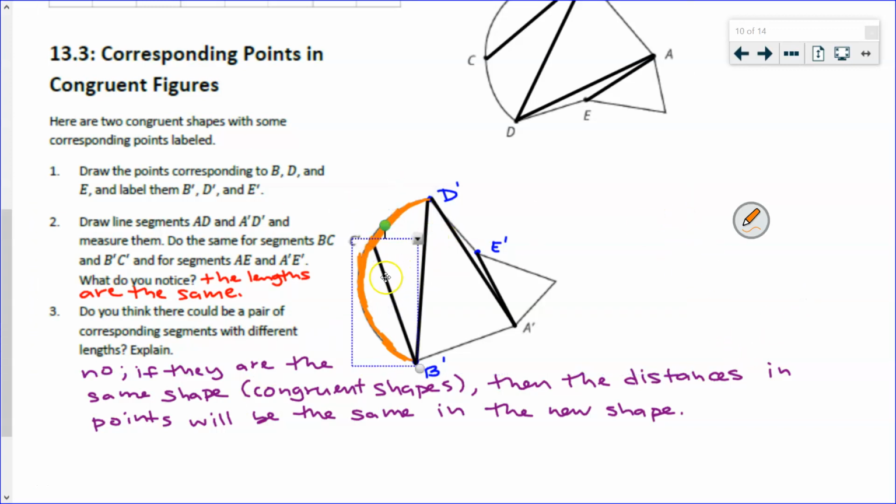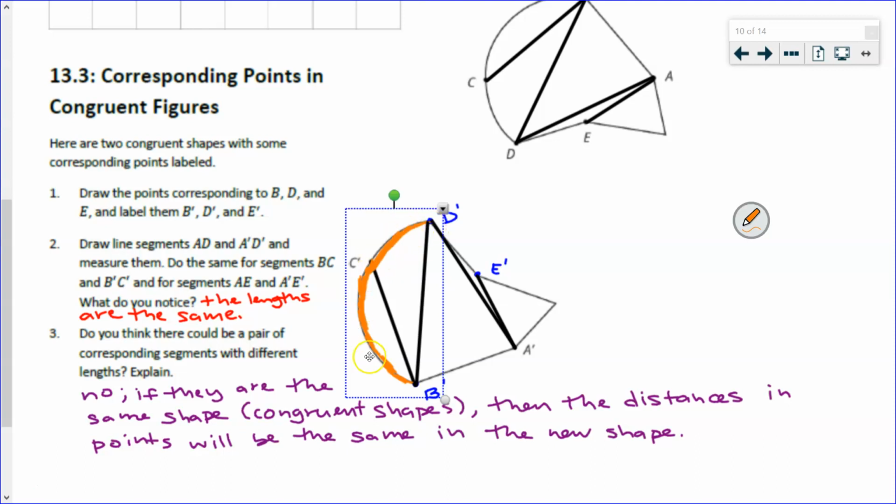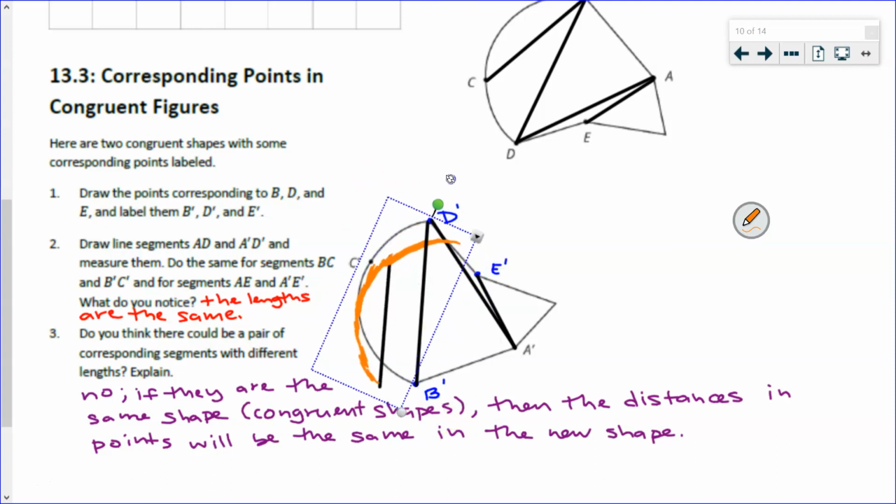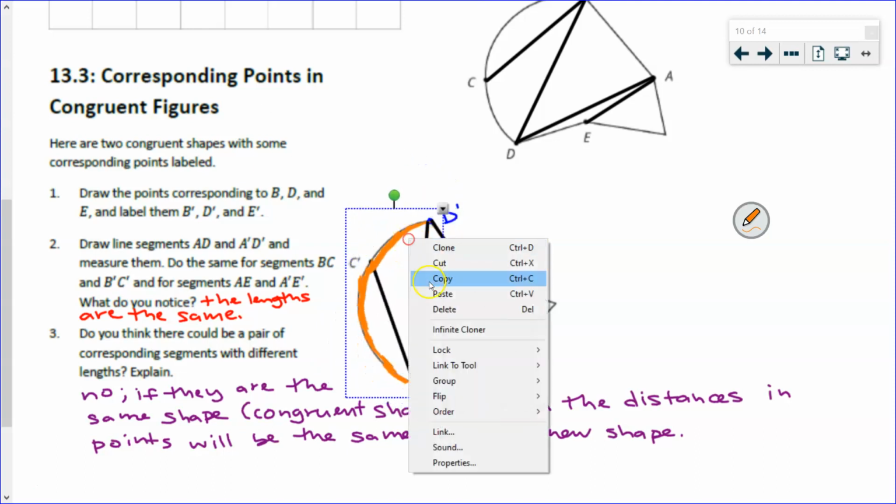So it makes sense that, as I've drawn this, and I even drew that segment that kind of connects those pieces, and if all I'm going to do, I actually have to reflect it, huh?